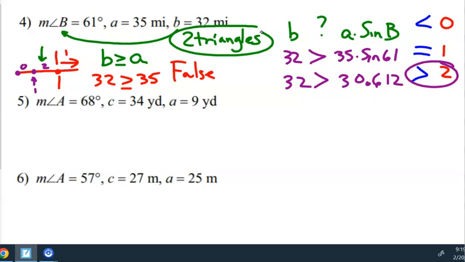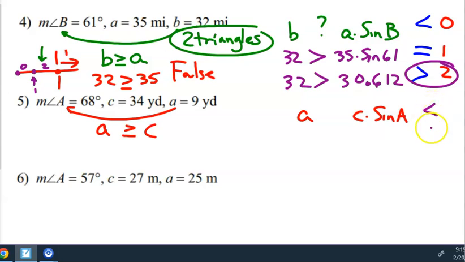Problem 5. Side opposite the angle A is side A. So we're comparing A and C. And then that's false. Then we're comparing A and C times the sine of A. All right, so 9 is greater than or equal to 34.